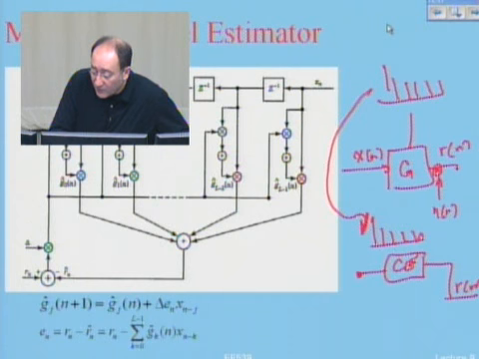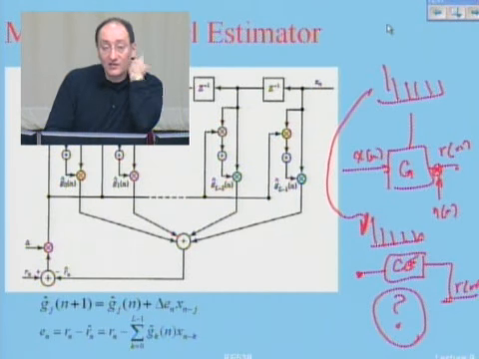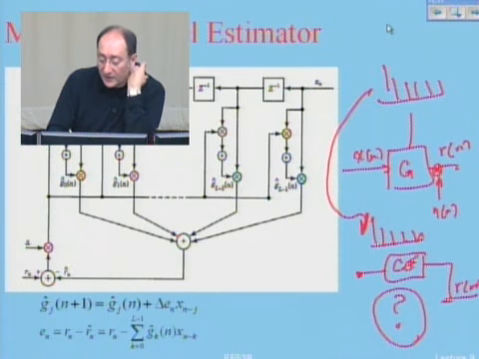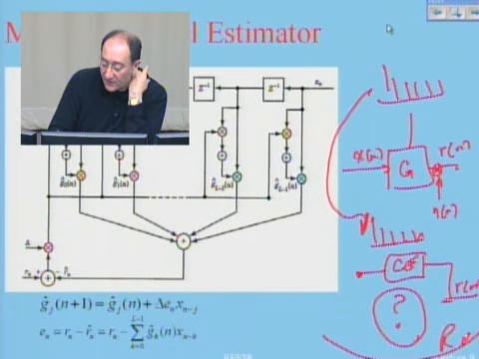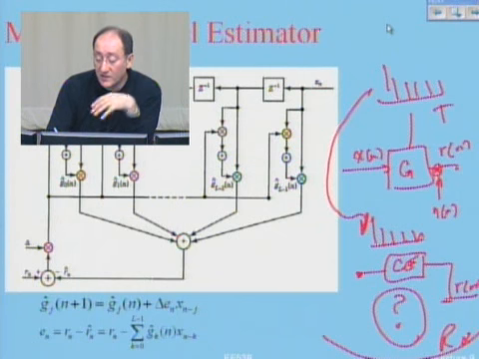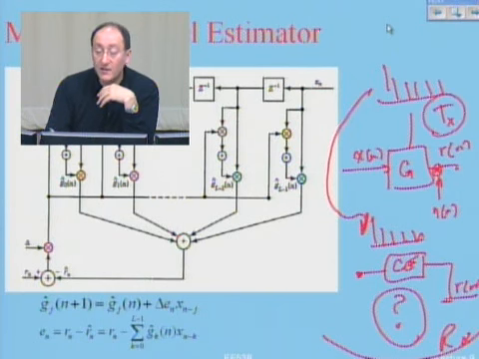And now I want to see what to do with this channel impulse response. This is what I have told you. This is the receiver, this is the transmitter. I mean, the transmitter plus the front end of the receiver.